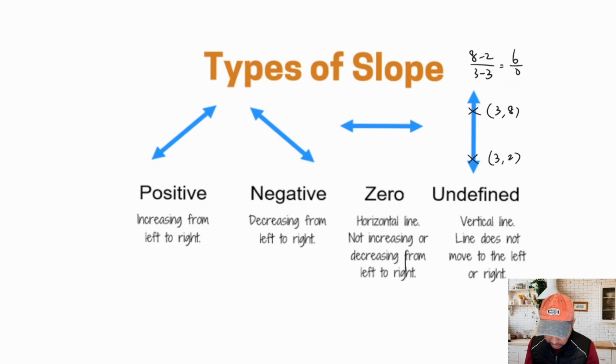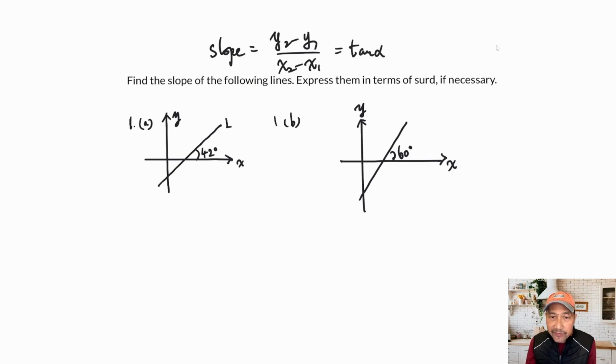A 0 denominator results in an undefined value, explaining why the slope of a vertical line is undefined. So far, we have the formula of slope, and also we know that slope is equal to the tangent of the inclination.